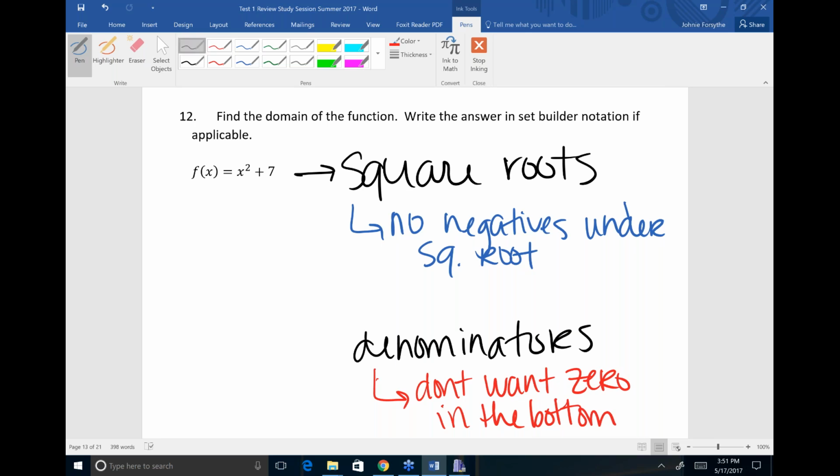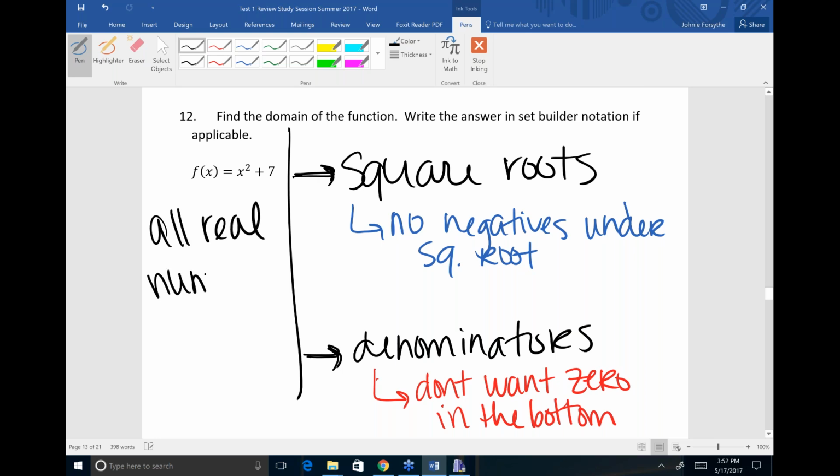If you don't have one of these things happening, then you can say your domain is all real numbers. So like this example here, x squared plus 7 equals f of x. So there's no square roots, there's no denominators. Basically, there is no x value that would cause this function to be undefined. So in this case, the domain is all real numbers.